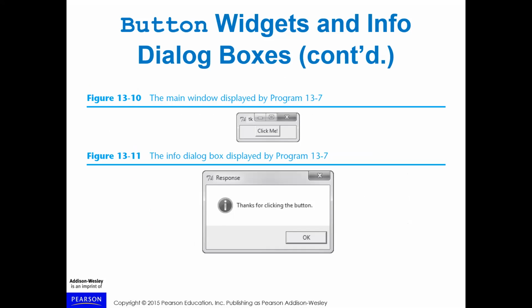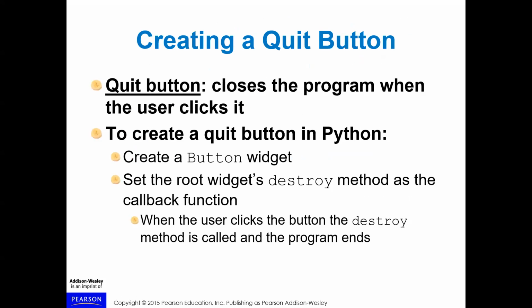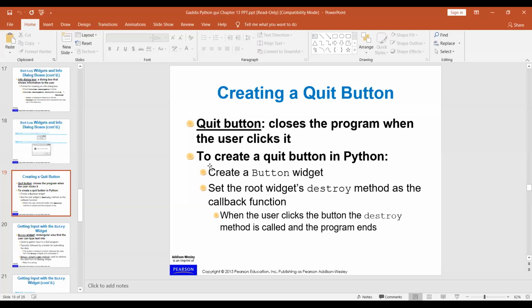So now let's look at a window with a button, for instance. Let's try that. Go back over here. We're going to say button 1 equal button, and then we're going to place it at the top.